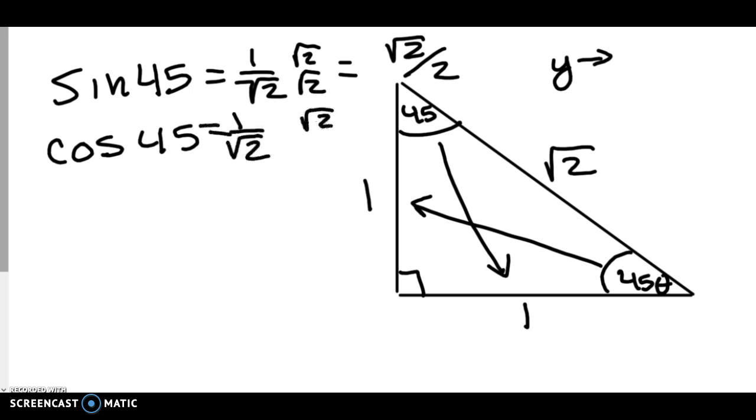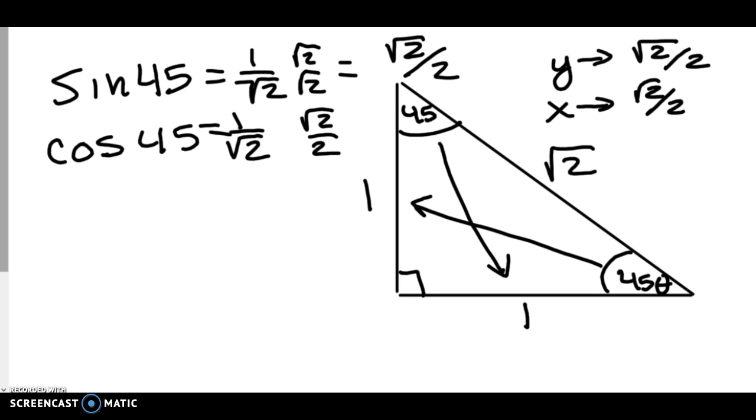Simplifying that, we get square root of 2 over 2. And so we know our x value on the unit circle at 45 degrees. Square root of 2 over 2 is our y. Square root of 2 over 2 is our x coordinate. And that's how we find the location on the unit circle when our central angle is 45 degrees.